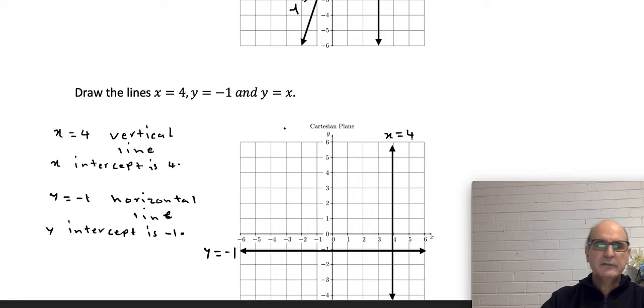The next one is y equal to x. We know that when we have anything in the form of y equal to mx, it goes through the origin.